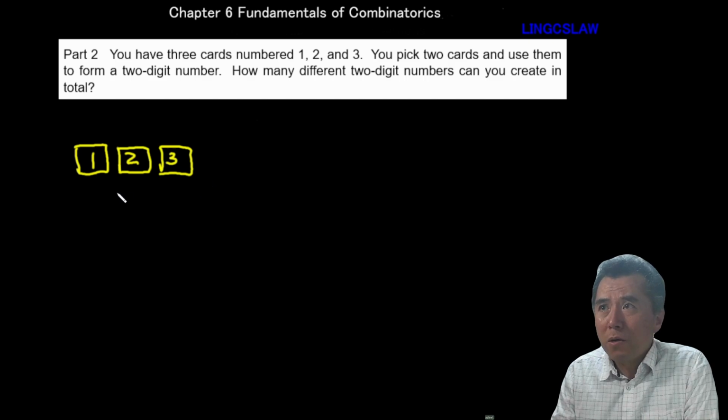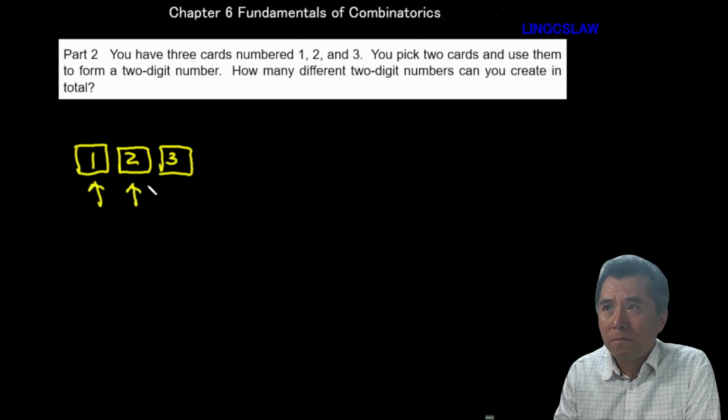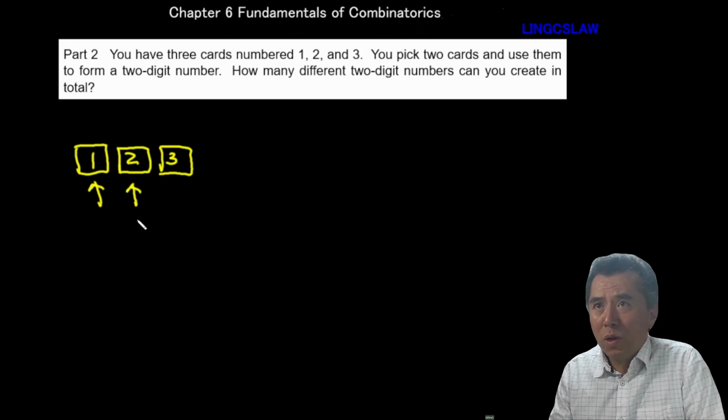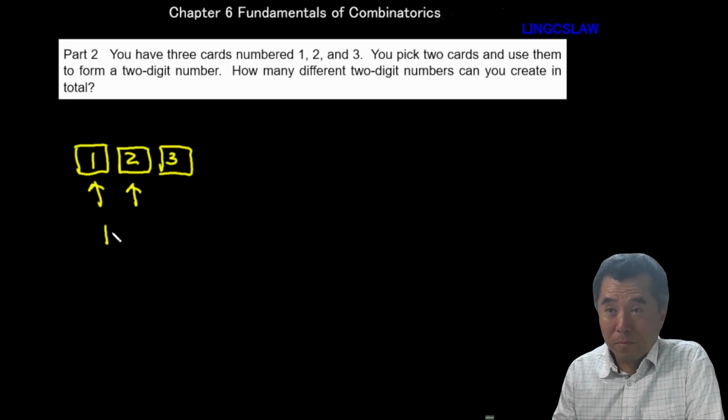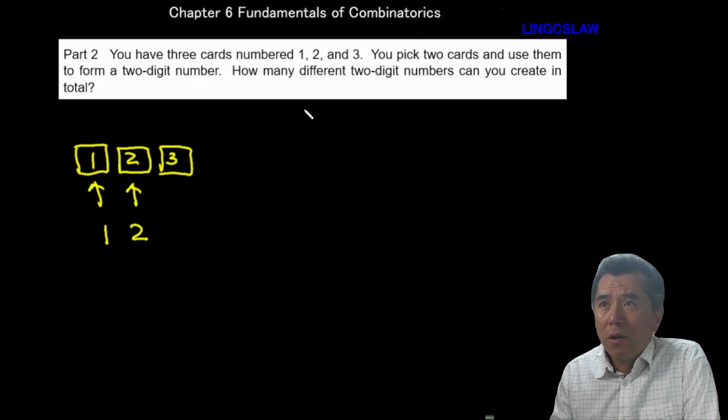And you pick 2 cards, for example 1 and 2, and use them to form a 2-digit number, for example 1, 2. And how many different 2-digit numbers can you create in total?